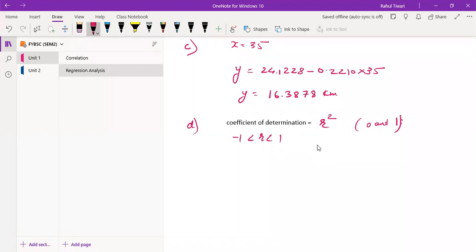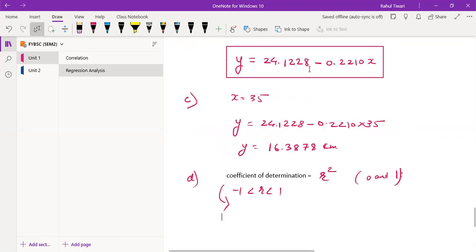And this R square value plays a very, very important role in the regression. What is that? This coefficient of determination concludes about this particular model, the model which you have created, y is equal to 24.128 minus 0.2210x.